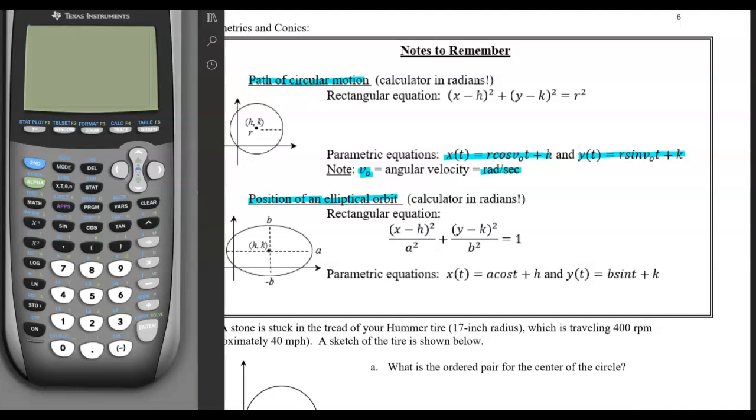So parametrics for circles always want the velocity to be in terms of radians per second. So if our velocity is not already in terms of radians per second, we're going to have to convert it to radians per second. Okay.